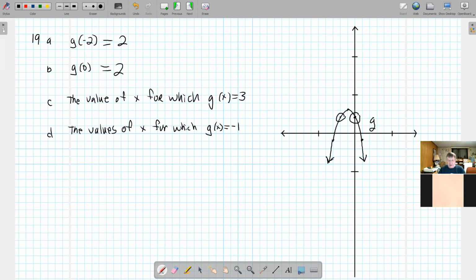The value of x for which g of x equals 3. The value of x for which y equals 3, x would be -1. The values of x for which g of x is -1, that would be what? -3 and +1. x equals -3 and +1. Any question on these examples?